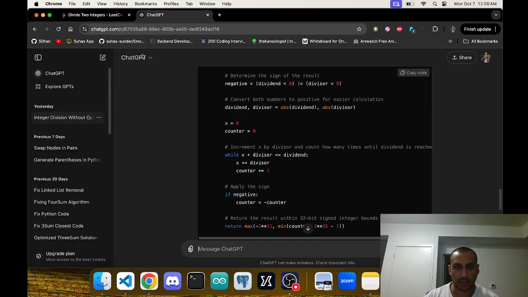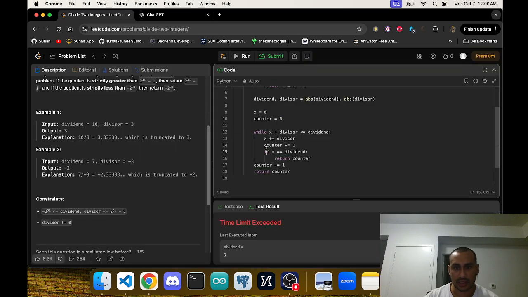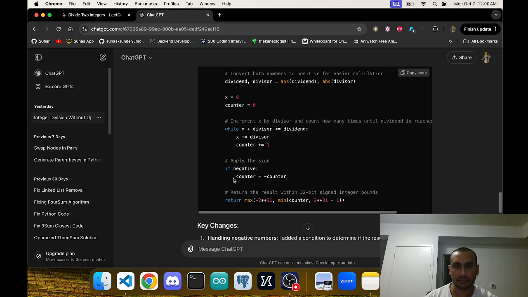Same thing, counter plus 1. So it's exactly the same code that I already have. All it does is it takes this and puts it up here so that way we can just check if it's equal to. And then if negative, make it negative.